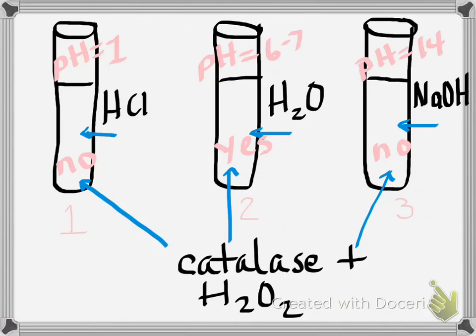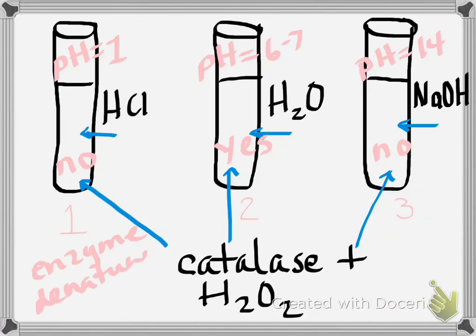Why? Nope, it's denatured. The extra hydrogen ions or the lack of hydrogen ions change its shape. So the enzyme denatures. So at the low pH or the high pH, enzymes denature.